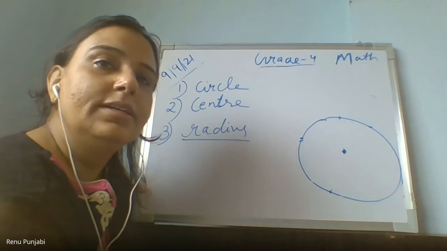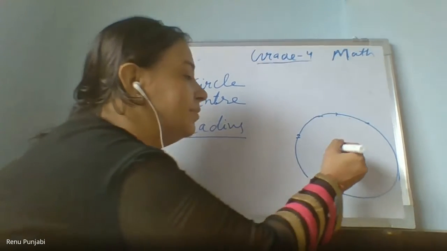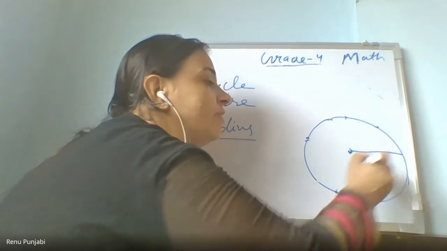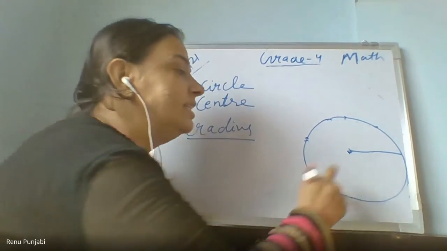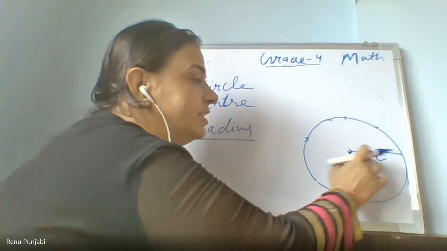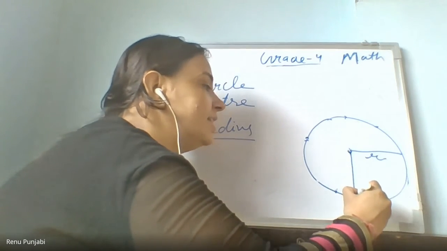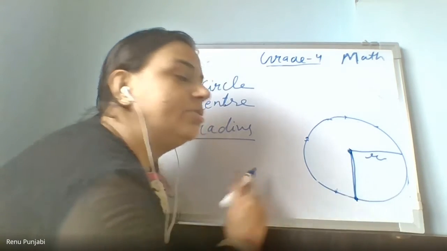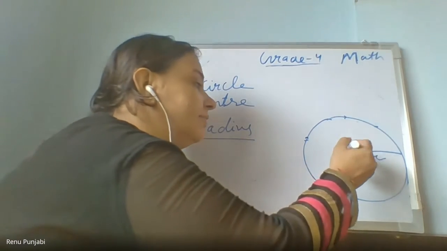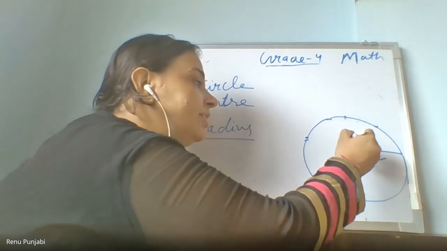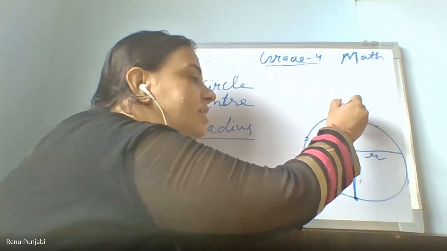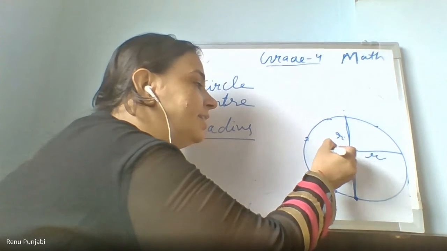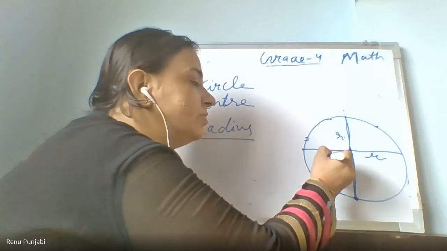A line segment that starts from the center and touches the boundary of the circle is the radius of the circle. This is a radius, this is also a radius, and this is another radius. When you take a line from the center touching the boundary of the circle, it is also a radius.